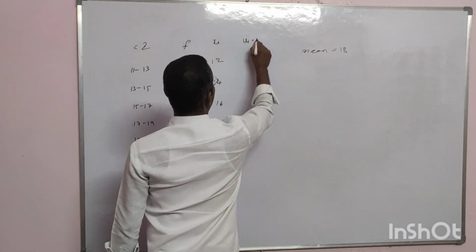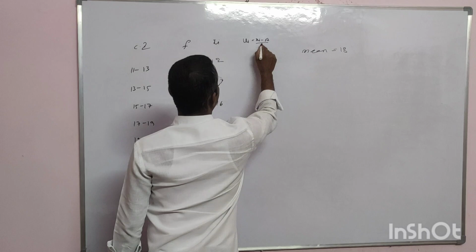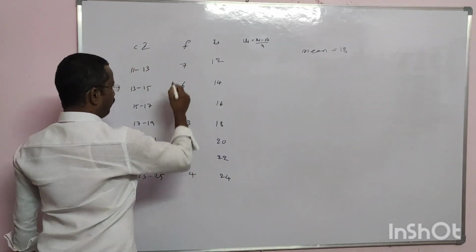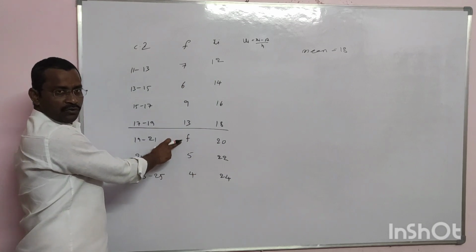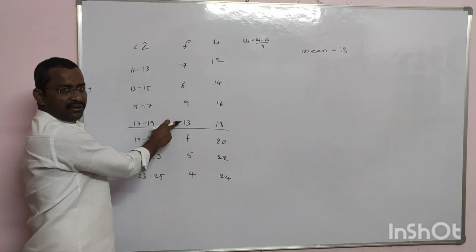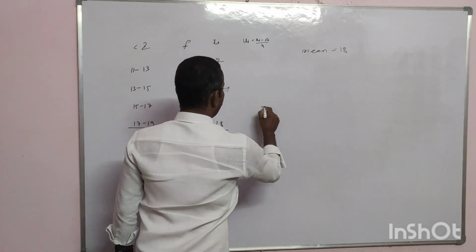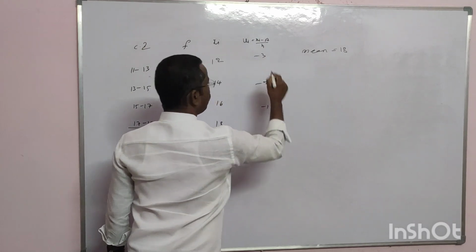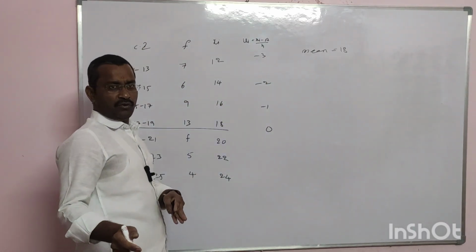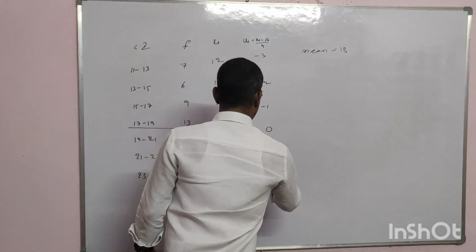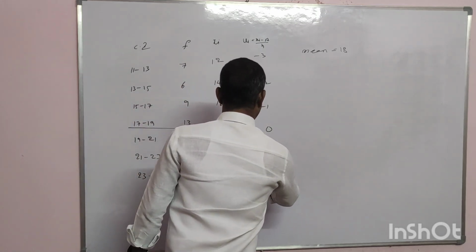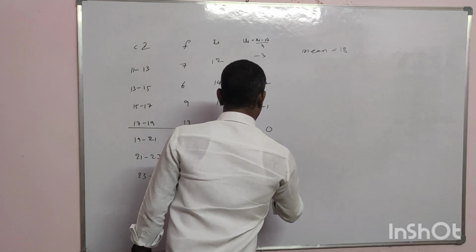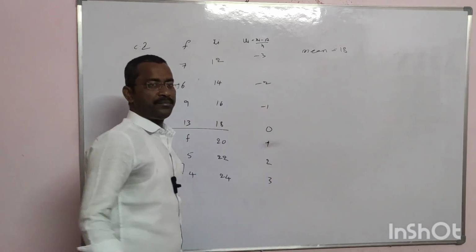ui is equal to xi minus a by h. Now among the frequencies, 13 is the highest, and f is unknown. So next make it as 0, minus 1, minus 2, minus 3, then 1, 2, 3.